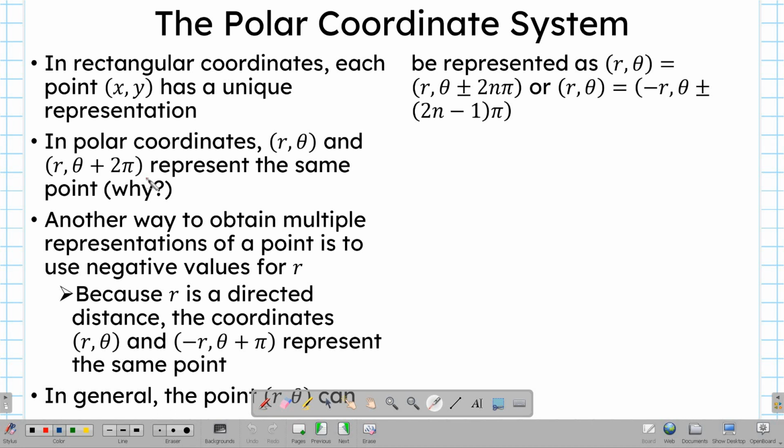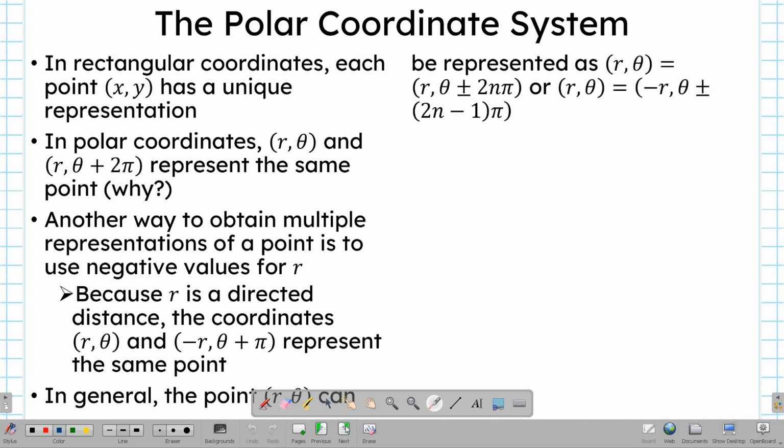I'm going to leave it to you why they would be the same. Because of this idea, we get multiple representations of one single point. We can use negative values of r, and we can use θ plus or minus 2π or multiples of 2π. So we can have different representations for just one specific point.